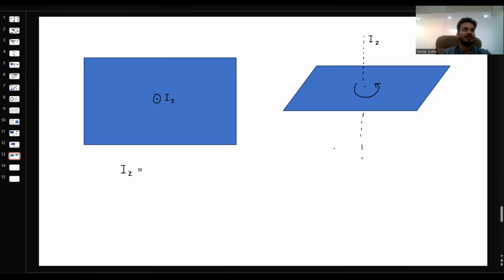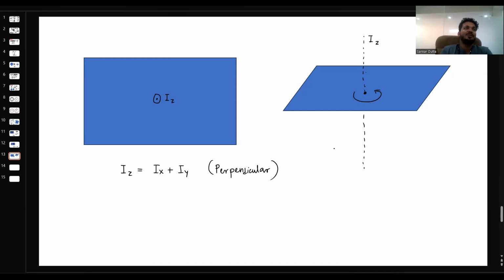Come on, guys. You can do this. What is the moment of inertia about this? Well, it is equal to Ix plus Iy from the perpendicular axis theorem. This time they are not equal, because the rectangle is not symmetrical.